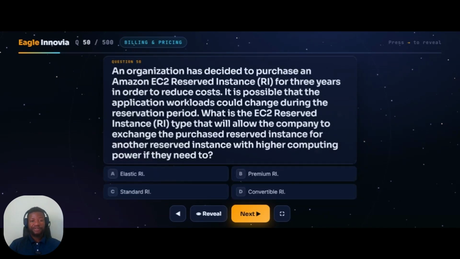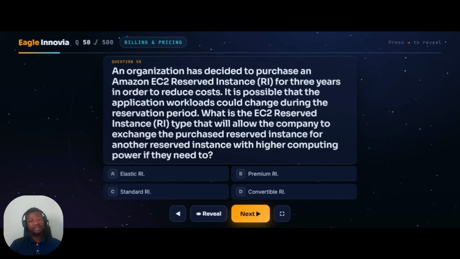Question number 50. An organization has decided to purchase an Amazon EC2 Reserved Instance, RI, for 3 years in order to reduce cost. It is possible that the application workloads could change during the reservation period. What is the EC2 Reserved Instance type that will allow the company to exchange the purchased instance for another reserved instance with higher computing power if they need to?